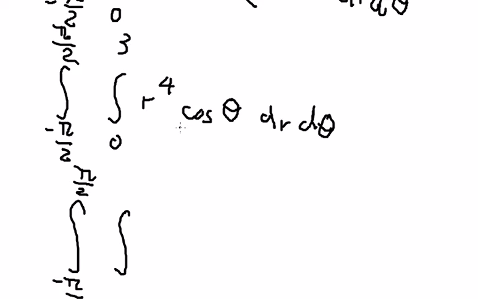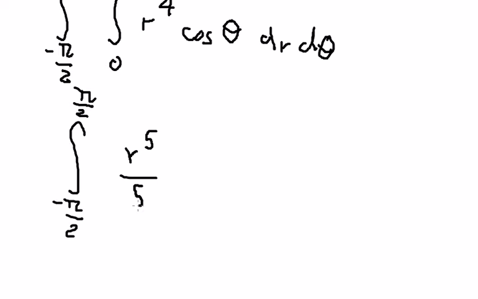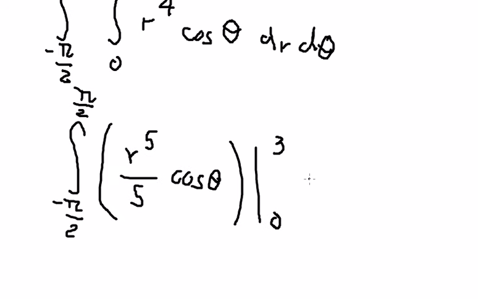So this one you got r to the power of 5 over 5, and we have cosine theta in here. We have the bounds from 0 to number 3. We put number 3 in here.